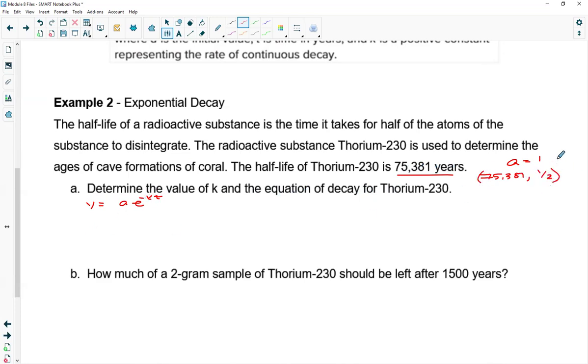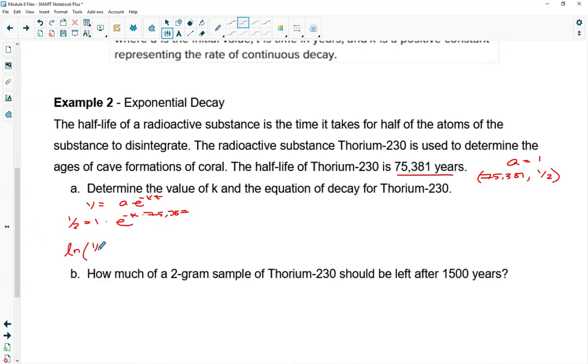So let's use our secondary point to solve for k. If a is 1, we're going to let 1/2 equal e to the negative k times that big number, 75,381. Let's take a natural log of both sides.